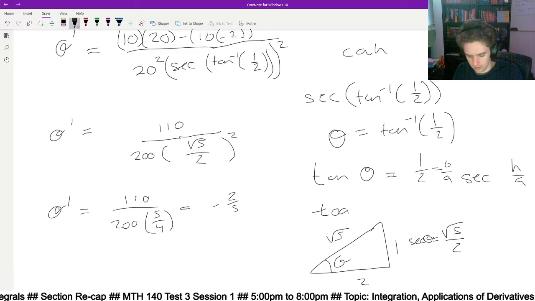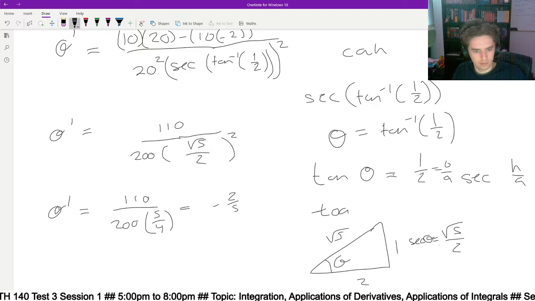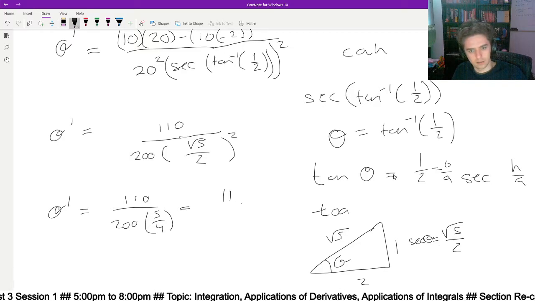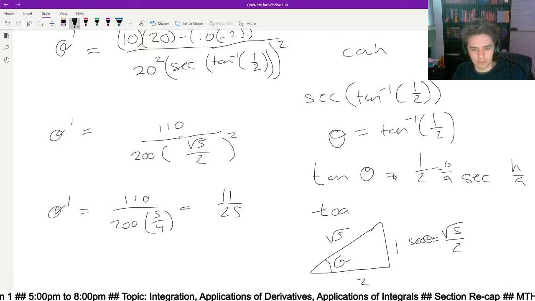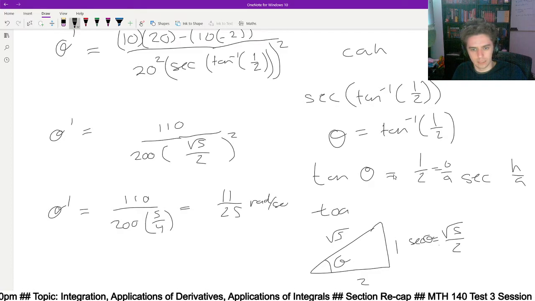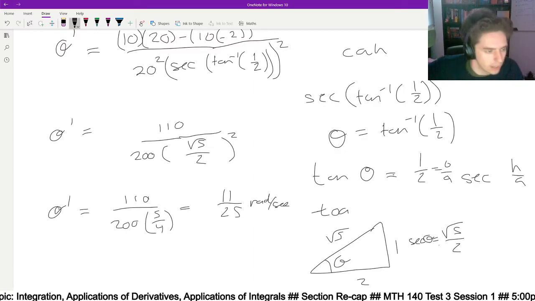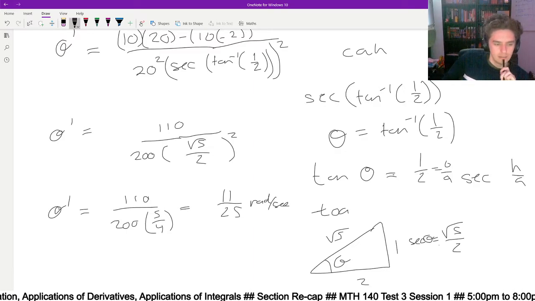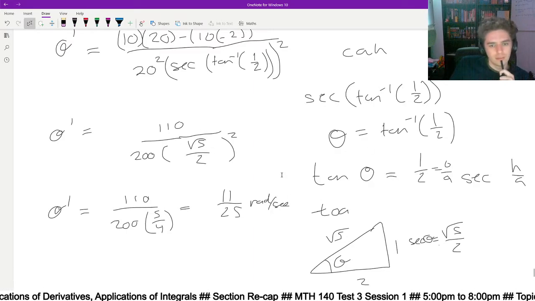Let's see. 110 over 200 times 5 over 4 is 11 over 25. Yeah, okay, we got the answer eventually. 11 over 25 radians per second. And yeah, there you go. So there's that problem.